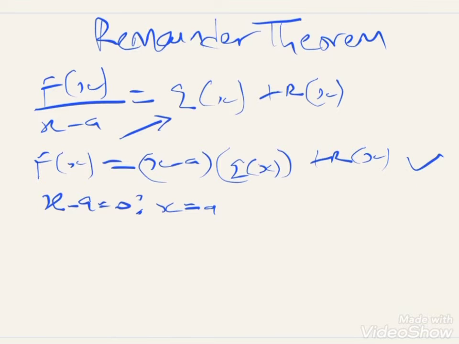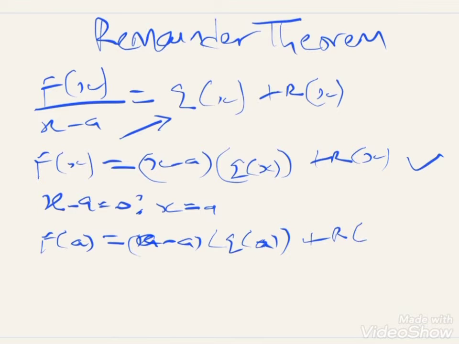let us substitute in this equation to have f of a equal to a minus a, because x is now equal to a, multiplied by q of a, plus r of a. By evaluation, a minus a cancels out to 0.